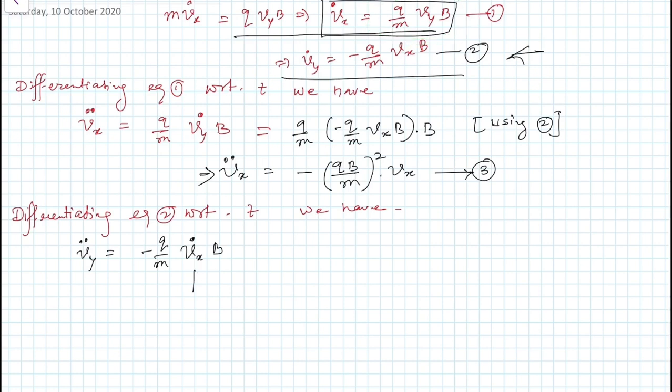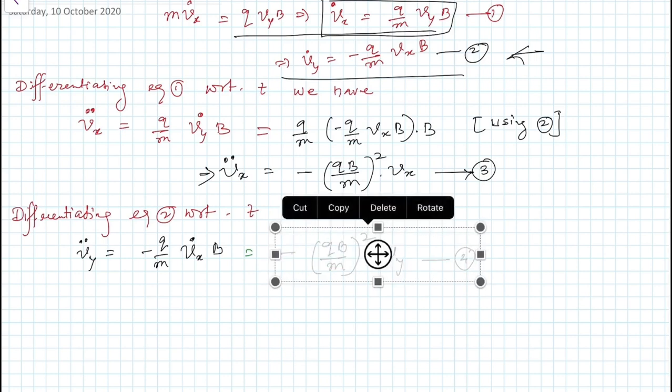Doing so, we will get minus (qB by m) whole square into vy. This is equation number 4. Let me use another ink here. Let me use black color.